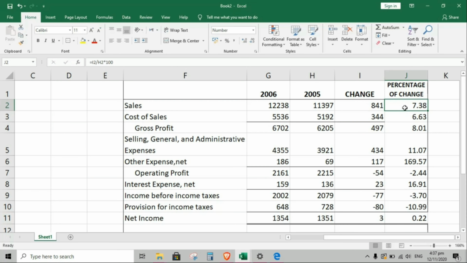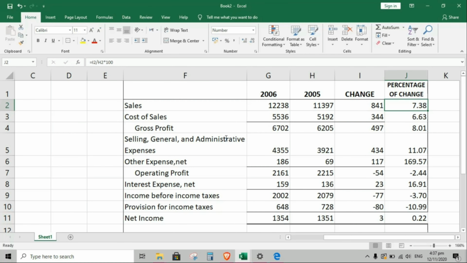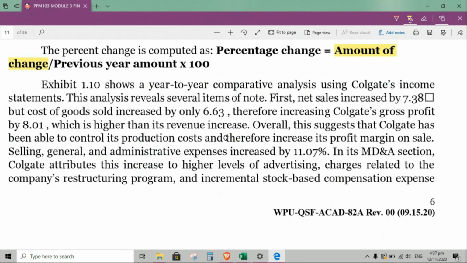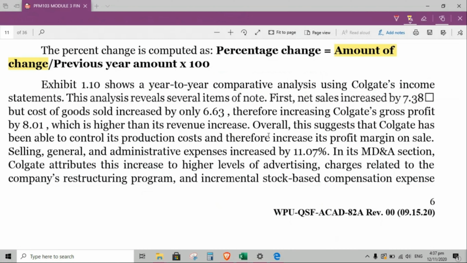And then, yung cost of goods sold niya ay 6.63. So, meaning, yung kanyang gross profit ay tumaas ng 8.01%. Okay? So, mas mataas siya sa revenue increase niya. Makikita mo dito.